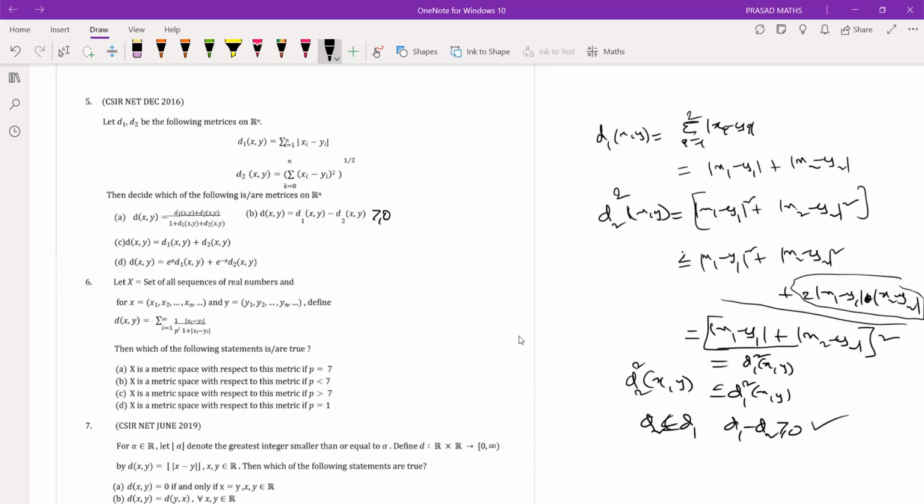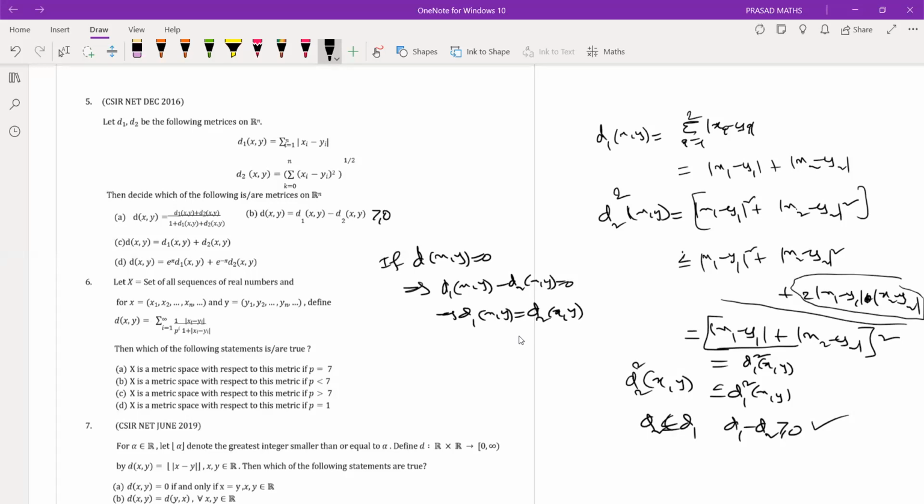But what is the problem? The problem is the second condition. If you take d of x comma y is 0, that means d1 of x comma y minus d2 of x comma y is 0. That means d1 of x comma y equals d2 of x comma y. So the distance between x and y with respect to d1 and with respect to d2 are both the same.